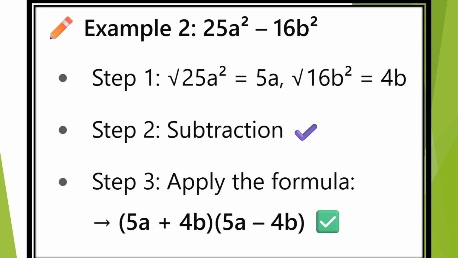Step 2, subtraction. Since this is a difference of two squares, it must be a subtraction. Then apply the formula. So we have 5a plus 4b times 5a minus 4b.